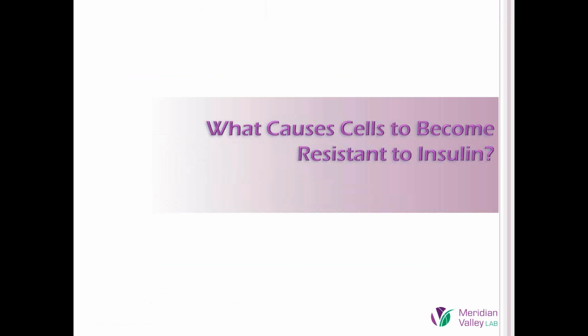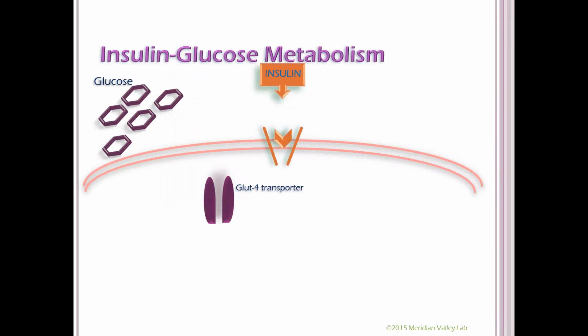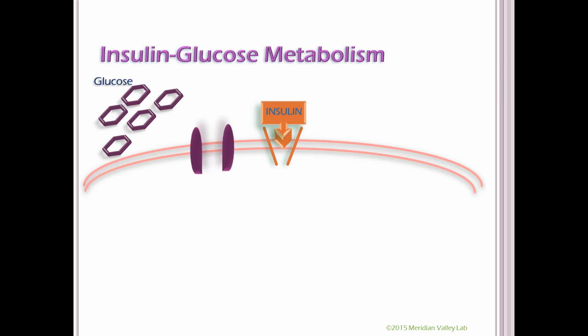Okay, let's take a look at our fundamental pathway here. Just by way of review, I want to make mention of all of the things that insulin stimulates under normal circumstances. So when insulin fits into its receptor site, it promotes the translocation of the glucose receptor to the cell membrane, and then glucose enters the cell.